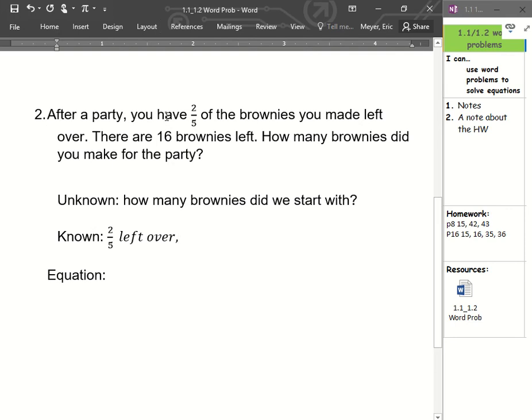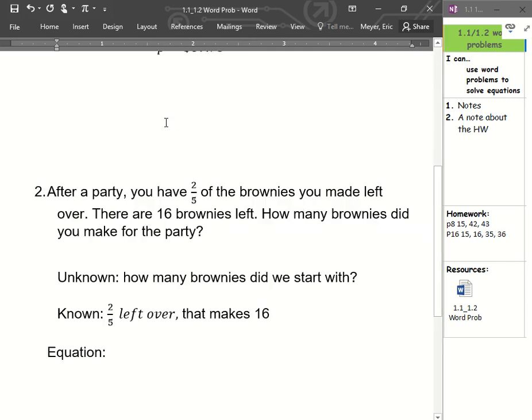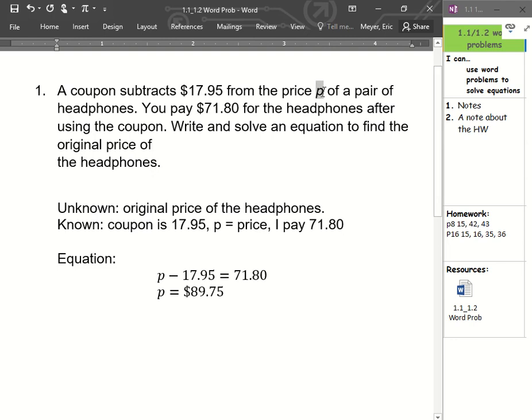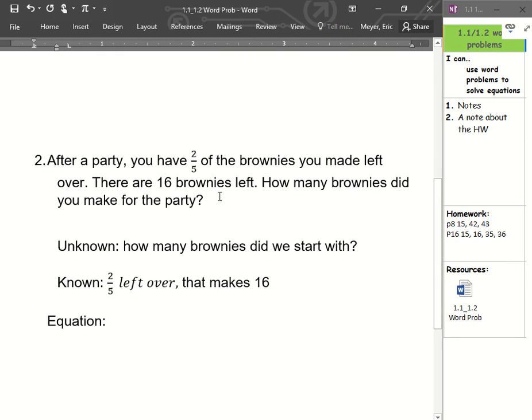And that makes 16. So I need to figure out how many did I start with. Well, we need to remember that we have to have a variable. Up here in 1 it was easy because it said it's P. We have to come up with our own. I'm going to do B because they're brownies, right?